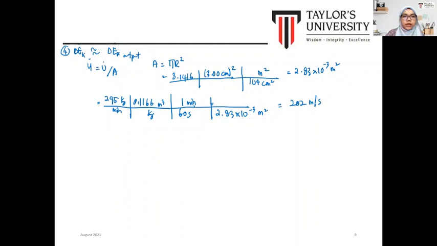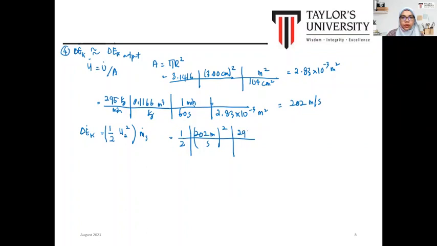Okay, once we have determined the u here, the delta kinetic energy equal to 1 over 2 u squared times M3. So you may insert this value, 1 over 2, so we have 202 m per second squared, and we need to times this m here. Okay, m here we have kg per minute, so please standardize the unit.